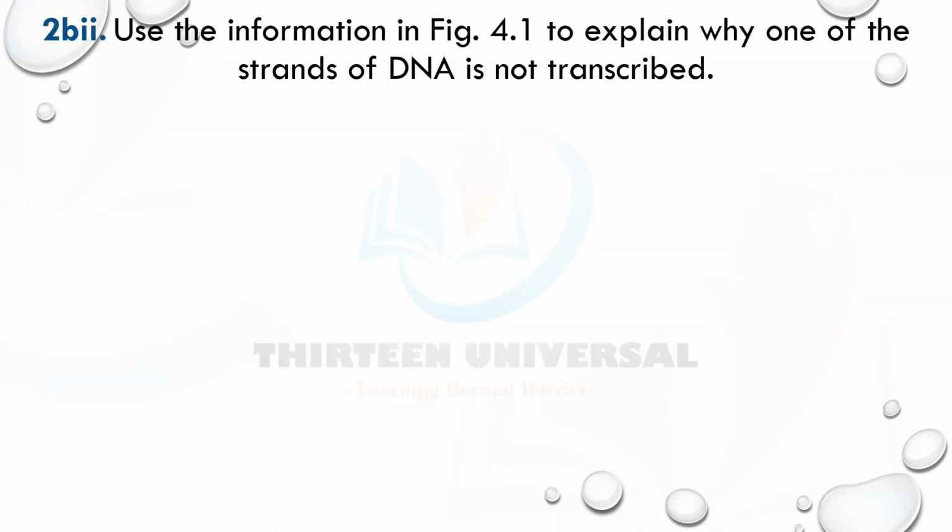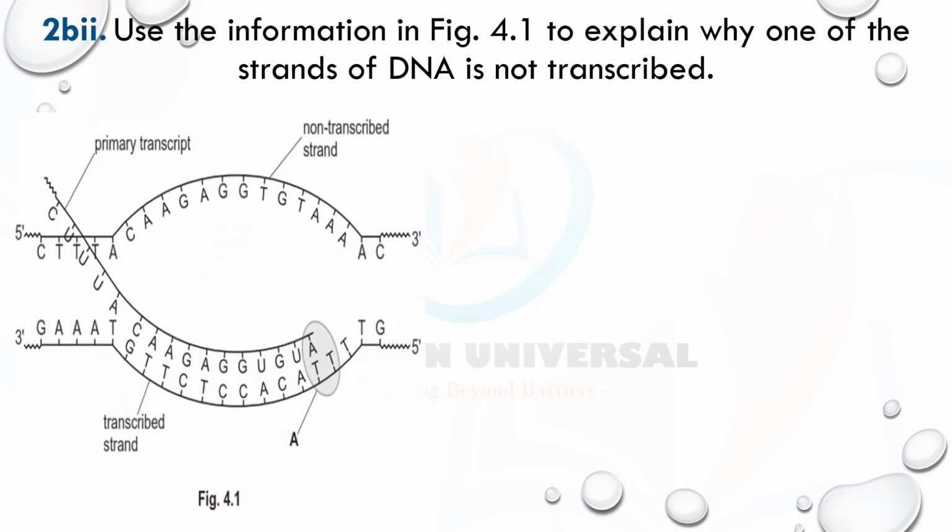Use the information in fig 4.1 to explain why one of the strands of DNA is not transcribed. Why is it not transcribed? Because it is not a template strand. This is a template strand. It is not transcribed because, very importantly, it carries different genetic information, a different base triplet.